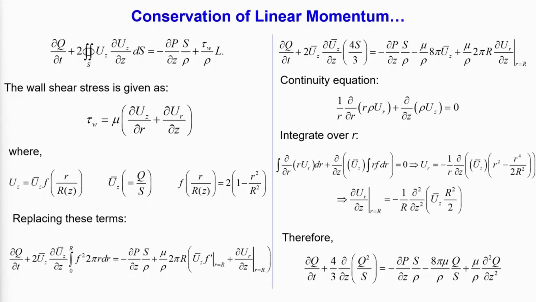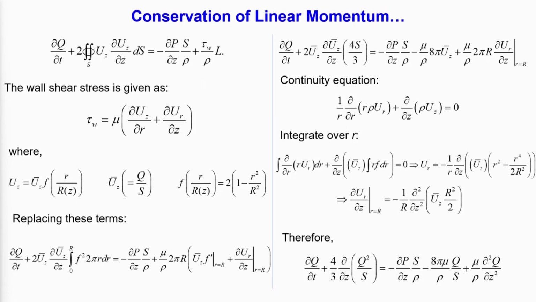So, now your objective, we are continuing from the previous slide. Wall shear stress you have to calculate, and this is where you require the velocity profile. So, to get the velocity profile, let us assume that u by u average, that is the velocity along z divided by the average velocity along z, is a function of your local radial coordinate r.